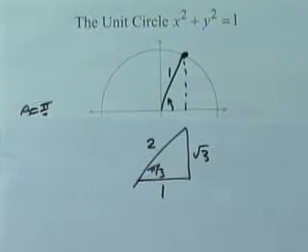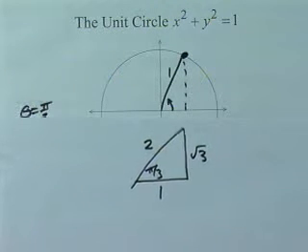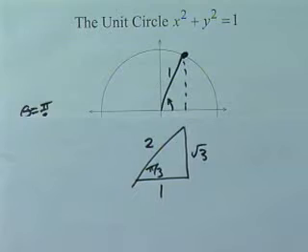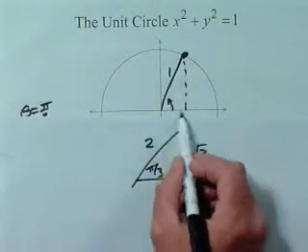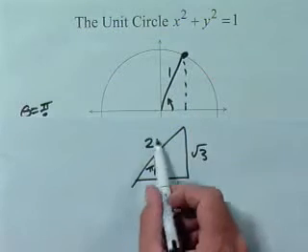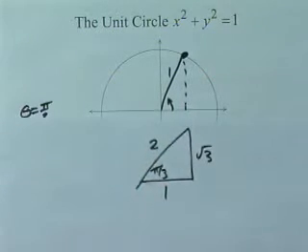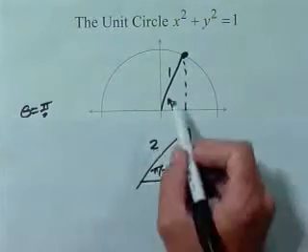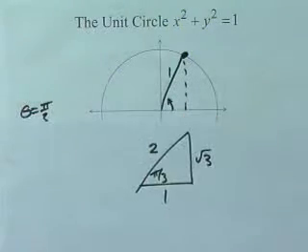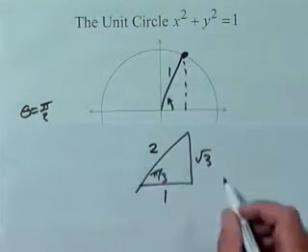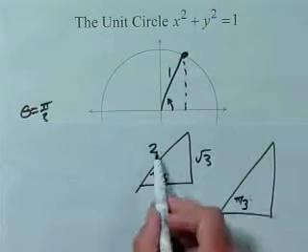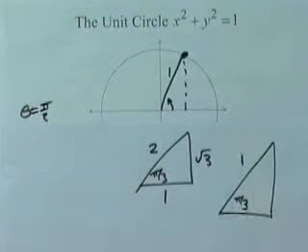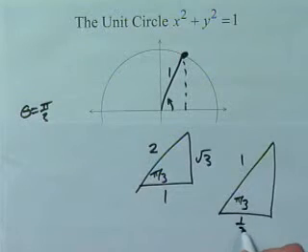Again, this is something we did earlier on in the course. So if this is a pi third angle, and I want to fill in these 2 sides, I have to figure out what my constant is. If this is 2 and this is 1, I can multiply everything by a half. 2 times a half gives us that 1 there. 1 times a half gives us a half.